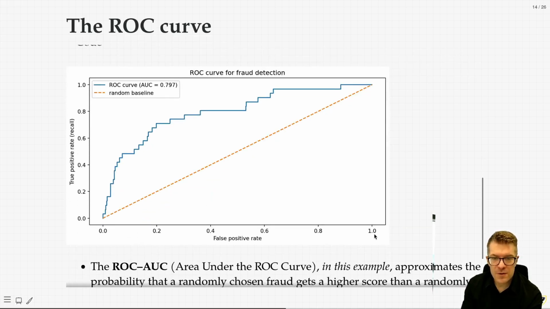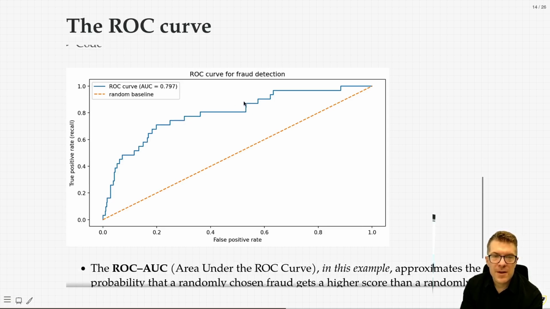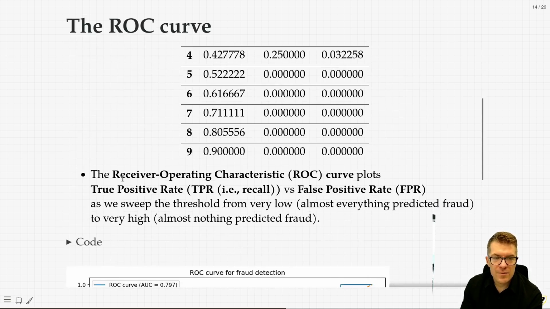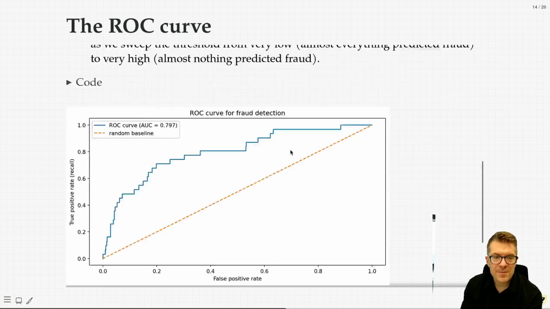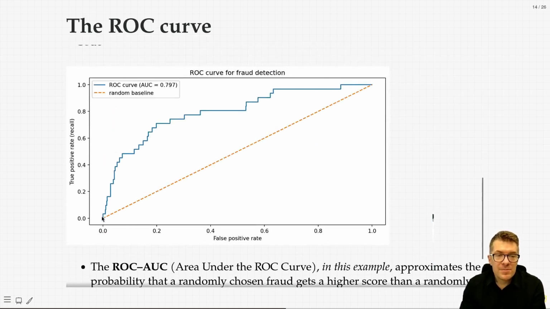We have the false positive rate on the x-axis, the true positive rate, or recall, on the y-axis. And every point on this curve is essentially a different setting for the threshold, a different operating point. And here's the curve. What we would like to see is a false positive rate always as low as possible, to more or less hug this left wall.